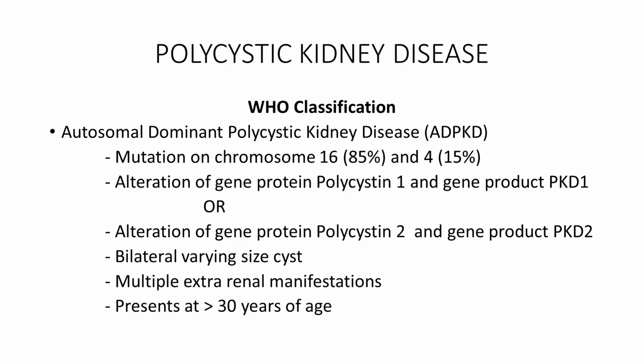The features are bilateral varying size cysts and multiple extrarenal manifestations, and they usually present with signs and symptoms above the age of 30 years. Autosomal recessive is a disease of infancy and childhood. Autosomal dominant polycystic kidney disease usually presents in adulthood.